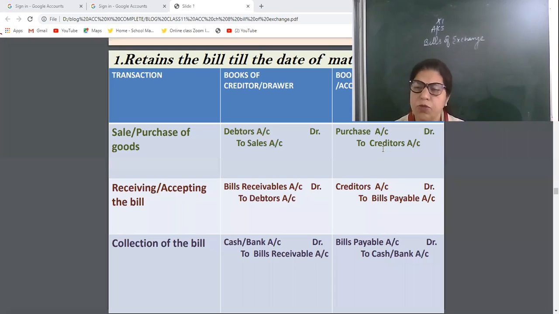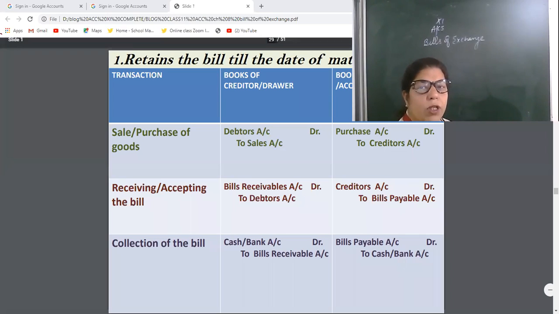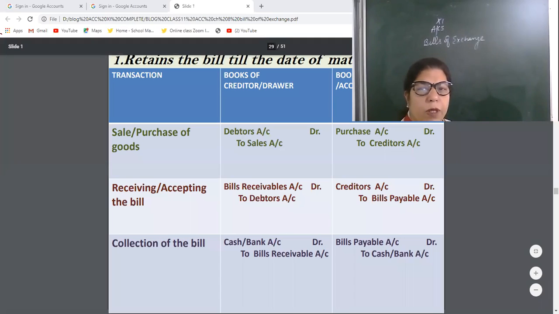So various names we can keep. Only the name, amount and dates will change. All other things will remain the same. So look at the screen, then one by one I will explain how to do it.